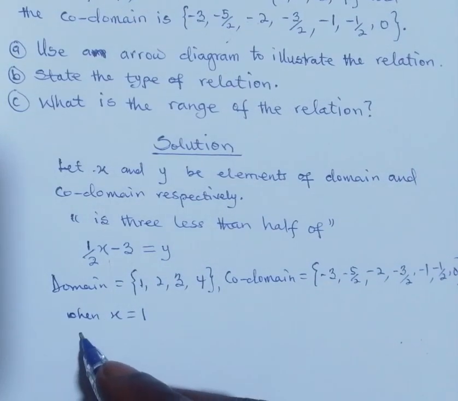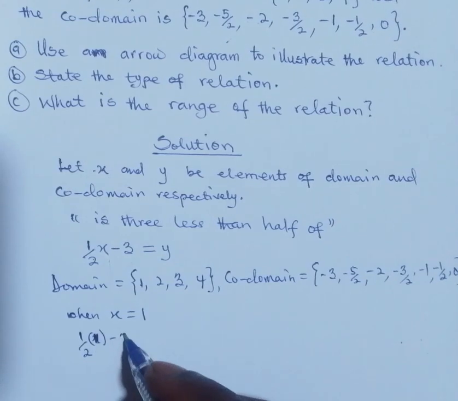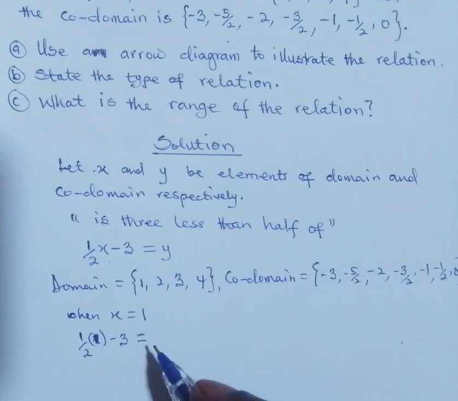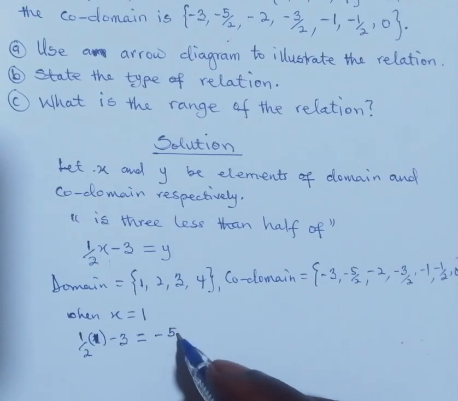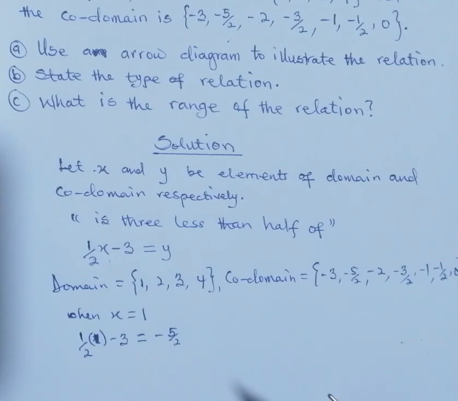So we get 1/2 multiplied by 1, minus 3, which gives us, if we show workings, -5/2.